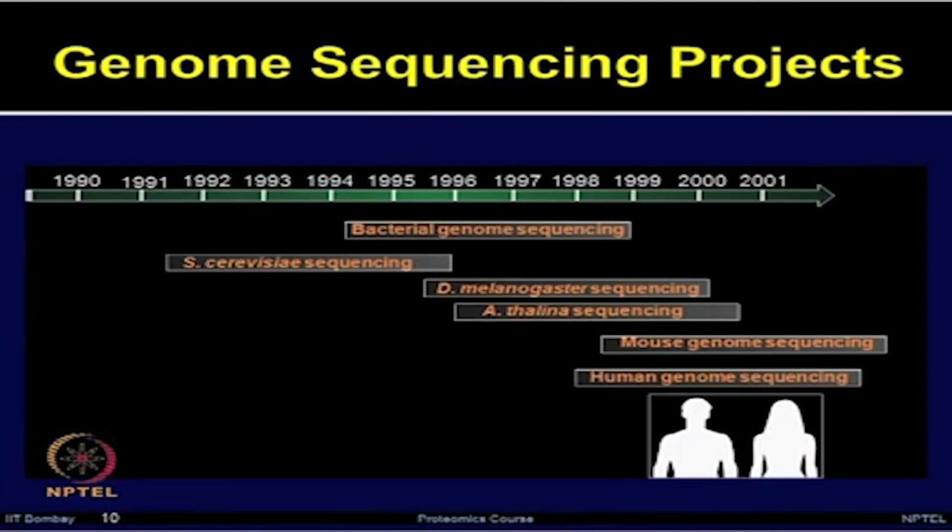Sequencing the genome of higher organisms such as human was very challenging, but researchers have shown very good team effort and successfully completed the draft sequence in 2001 and the complete sequence in 2003. Here on the time scale, you can see the sequencing of various organisms which progressed from 1990 to 2001.